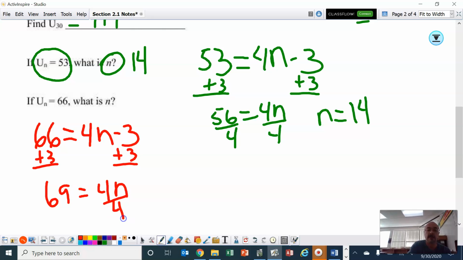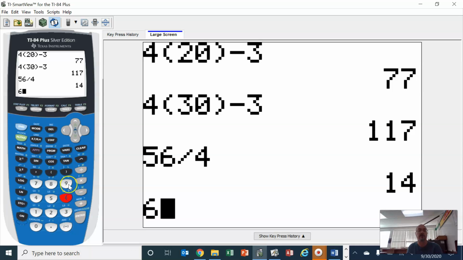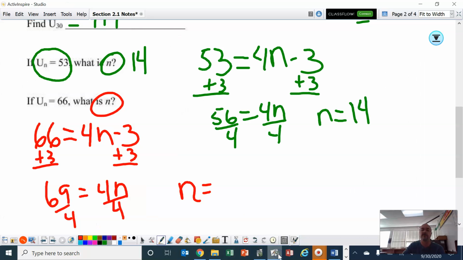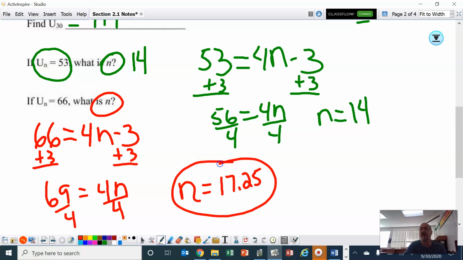But that's okay. Not a big deal because we're just interested in what is n. So 69 divided by 4, and we're going to get, that's not too bad, 17.25. So that's kind of finding a number between a number, because we ended up with a decimal. But that's okay that we ended up with a decimal.